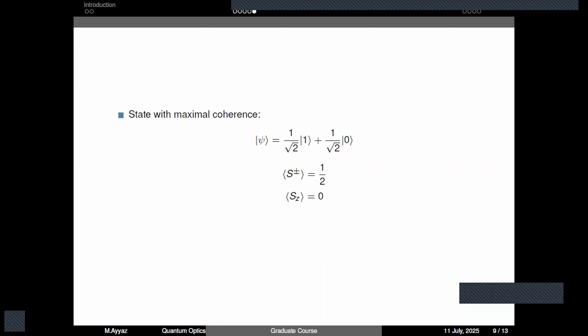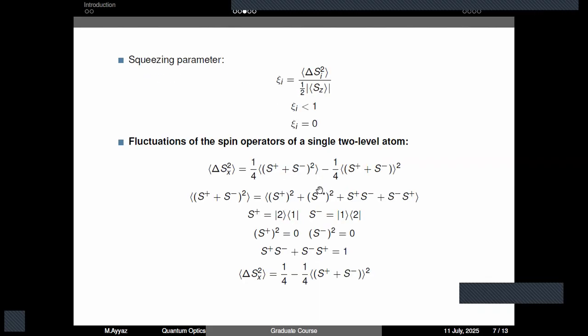So let's see what happens when we have maximal coherence in the ground and excited state. Then we have dipole moment as 1/2, but the inversion operator is going to be 0. And then this parameter becomes indefinite and undefined.